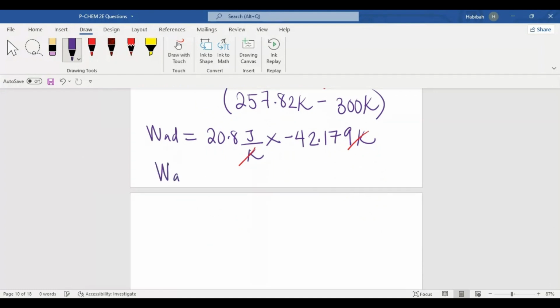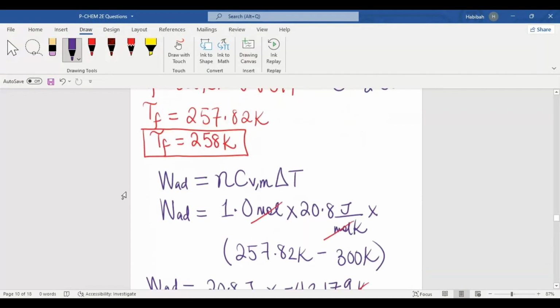So never forget canceling out your units. So 20.8 times negative 42.179 is equal to negative 877.33 joules. So that's it.